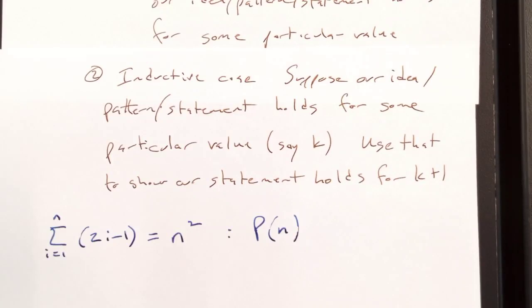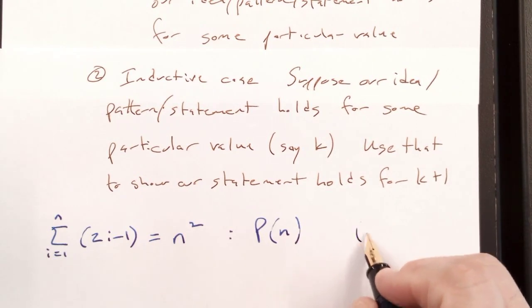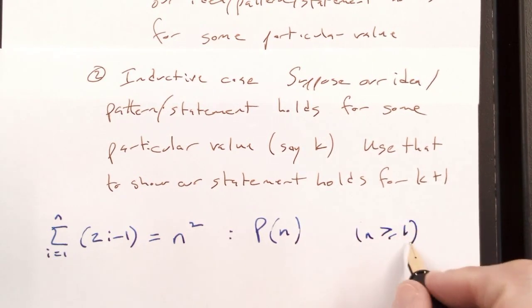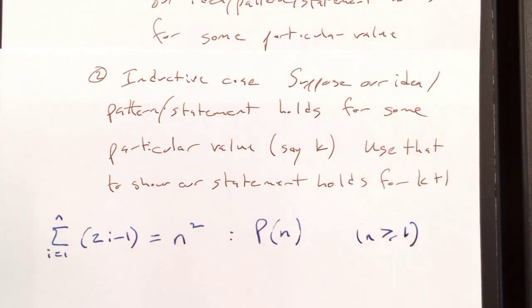I'm going to call that P of n. Now my goal is to show P of n is true for all the n's I can show. So I pick the smallest value I think will work. Now, since we're counting odd numbers here, I'm going to assume that n is bigger than or equal to 1. Doesn't make sense to count 0 odd numbers.